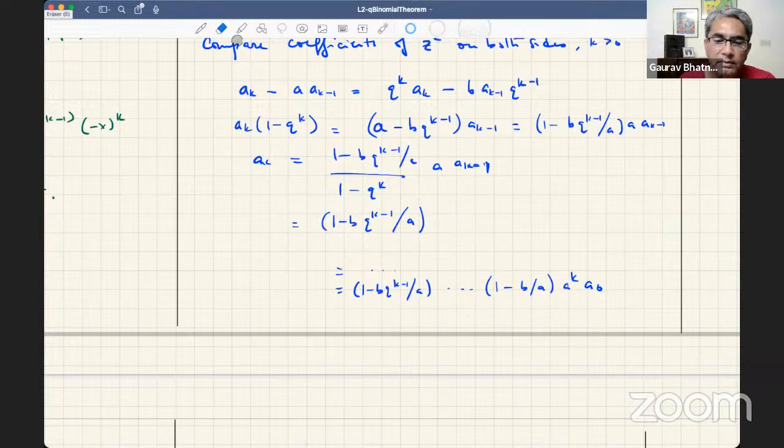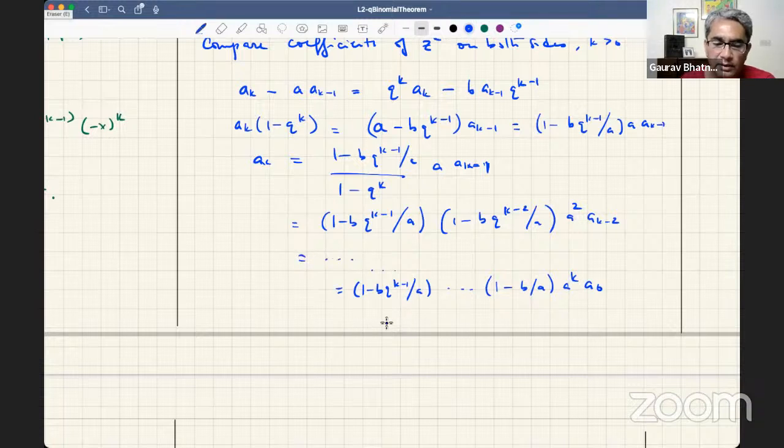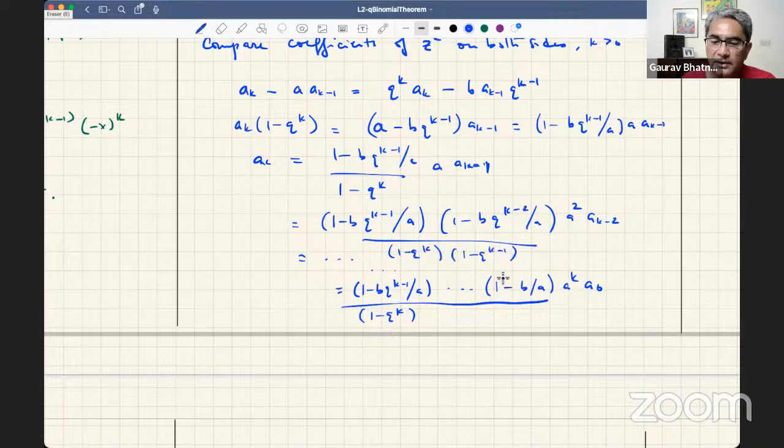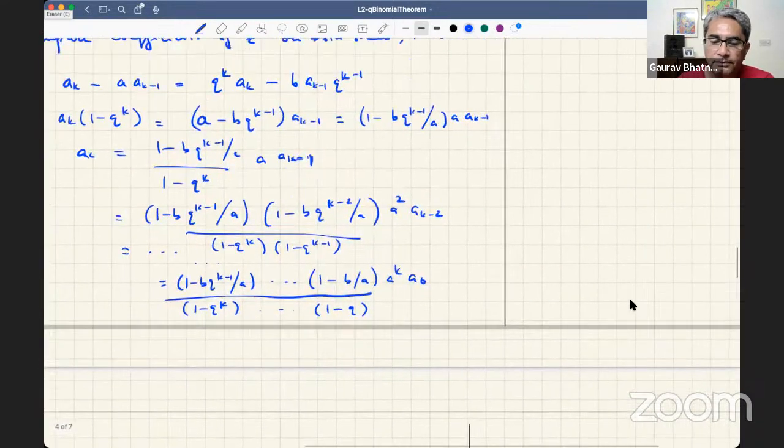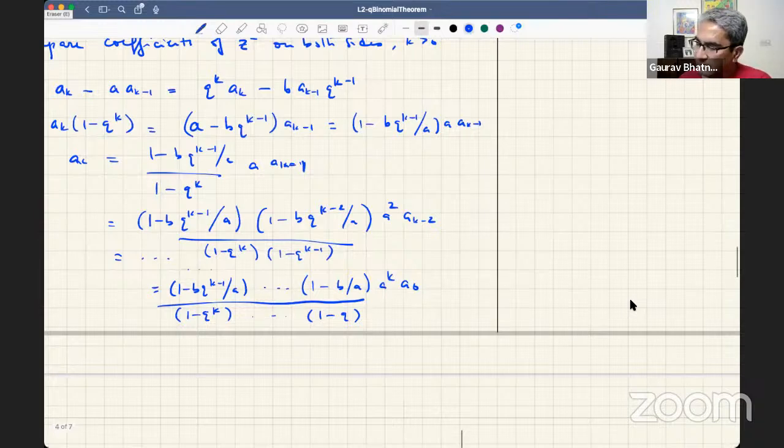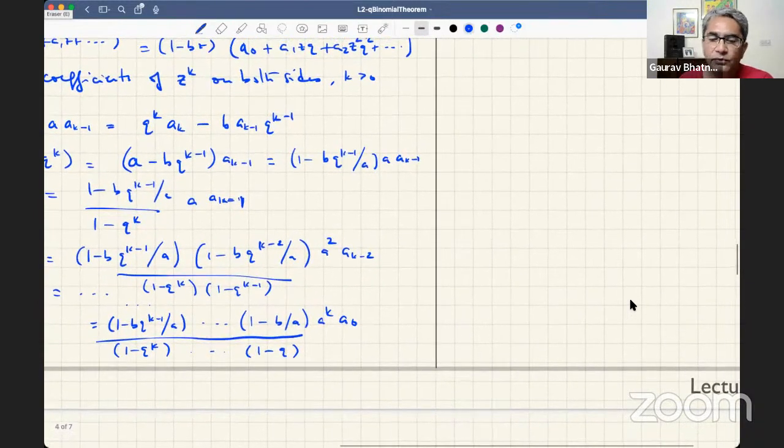One more time. So on until we reach this guy divided by 1 minus q to the k. So this will be divided by 1 minus q raised to k, 1 minus q to the k minus 1, going on to 1 minus q. Right. So, well, what is a0?